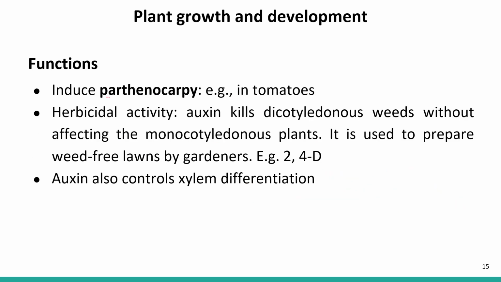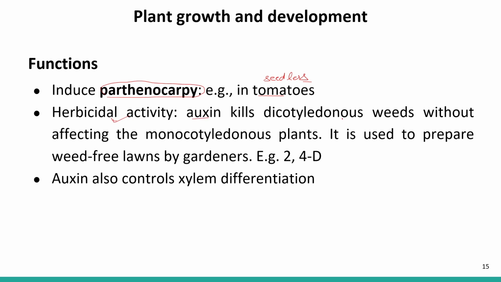Another important function is parthenocarpy, which helps in the generation of seedless fruits. This is seen in tomatoes. Parthenocarpy is formation of fruit without fertilization. Now auxins also have herbicidal activity. So what do they do?